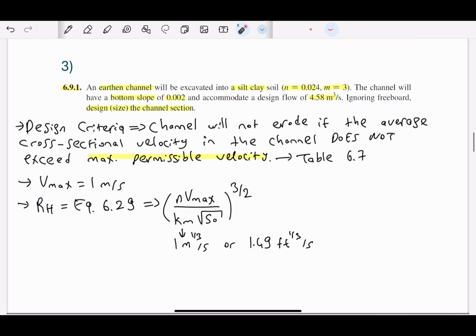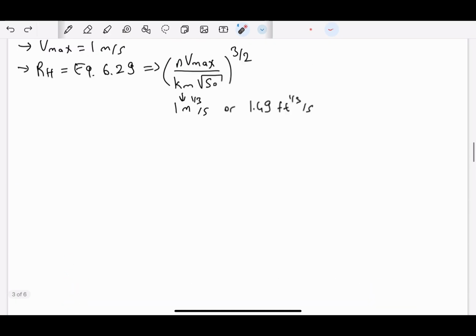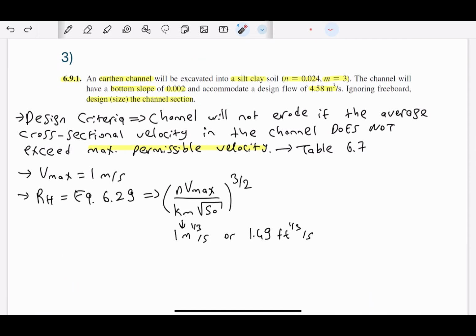The channel will have a bottom slope of 0.002, and it will accommodate a design flow of 4.58 cubic meter per second. So we are going to ignore freeboard, and we need to design the channel section. This means that we are going to find width and depth of the channel.